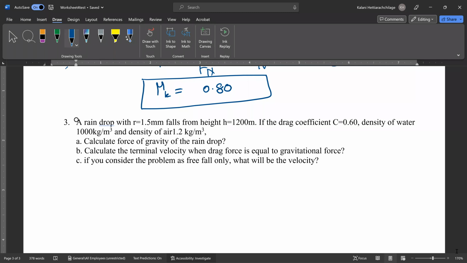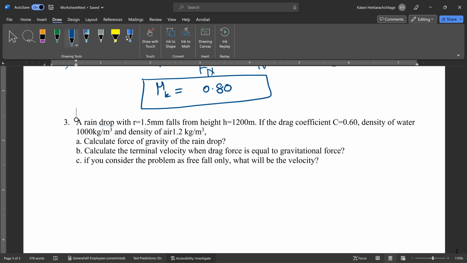Okay, so number 3 is a little different question, because since we talk about the drag force, this question is about how you implement the drag force in addition to free fall. In free fall, the object keeps falling and velocity keeps increasing in the downward direction.